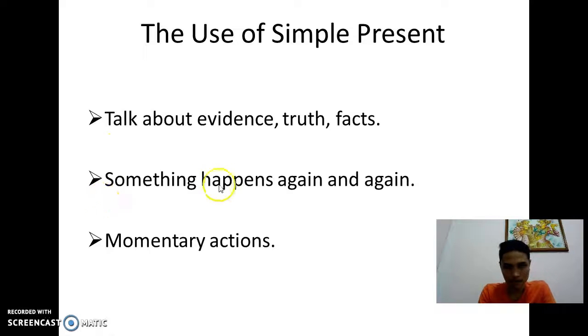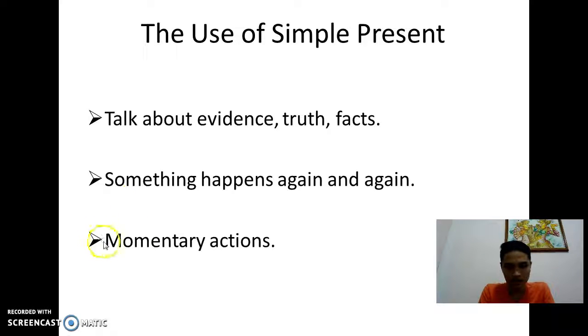And then something that happens again and again. It's like it always rains, so the rain occurs all days, or the rain occurs many times, something like that.